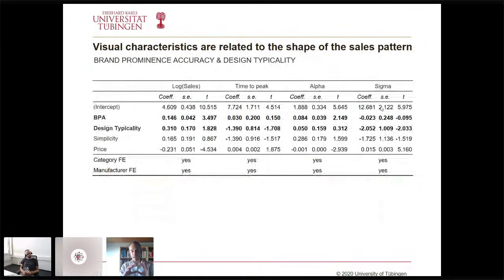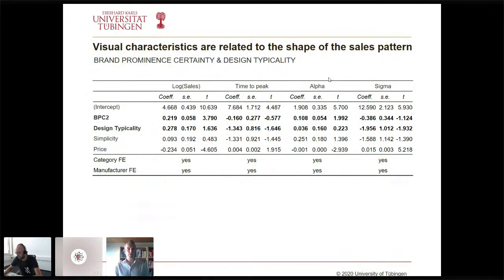We also break up the clusters and do this in a more continuous setting, using the visual characteristics to explain, for example, the total sales volume or the time until the sales volume peaks, and the alpha and sigma parameters that we have estimated. We see a similar picture here: we do see differences, and we can explain these values to a certain extent by the visual characteristics.